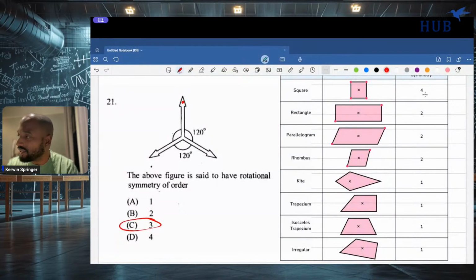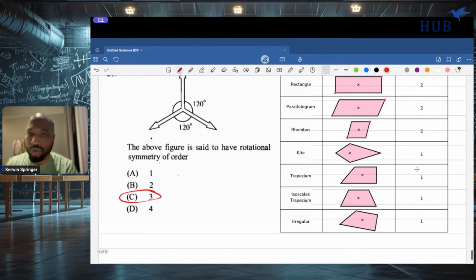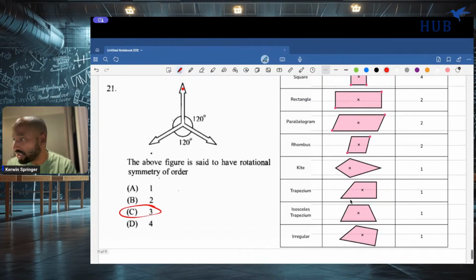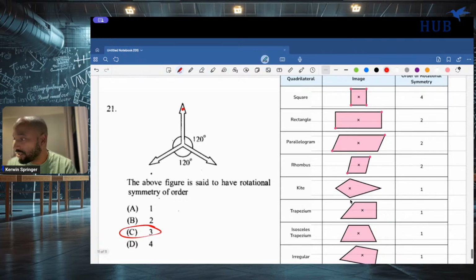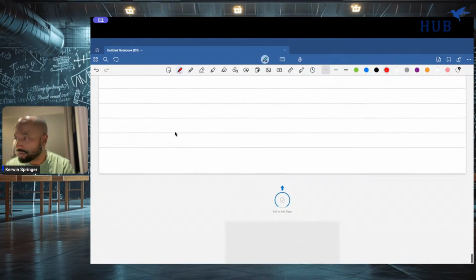So yeah, in the order of symmetry, if you have none, you put 1. I understand if there's only one way it could set itself up, it's 1, if you want it irregular. Yeah, 1. So this has 3. Pretty clear, pretty solid on it now. So this has 3. You all understand what I'm talking about here?